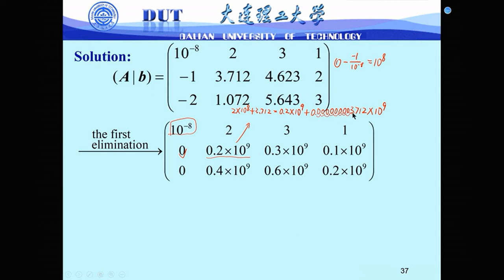Because 3 is less than 5, we use round down. So that means actually we cannot have these digits, because we can only use 8 digits. So compared with this big number, this number disappears.